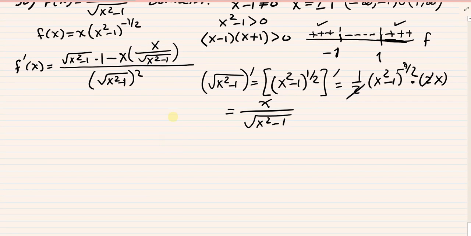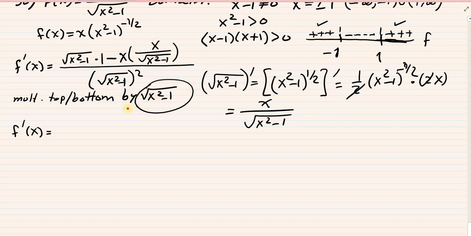Now, let's clean up this thing. I'm going to multiply top and bottom by square root of x squared minus 1, because I see a fraction here, that's why we want to get rid of the complex fraction. Multiply top and bottom by square root of x squared minus 1. Therefore, f prime of x becomes, well, multiply square root of x squared minus 1 times that.